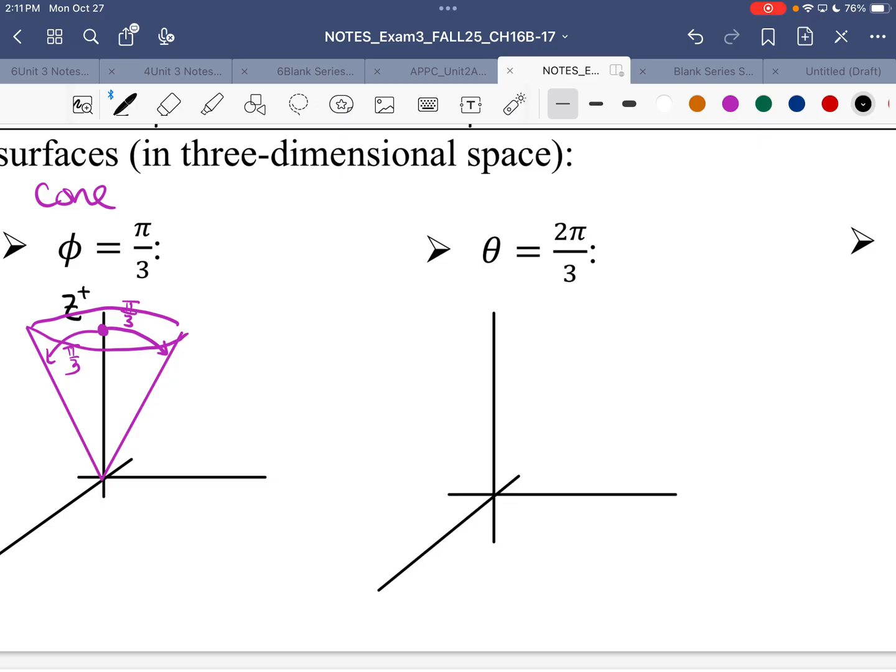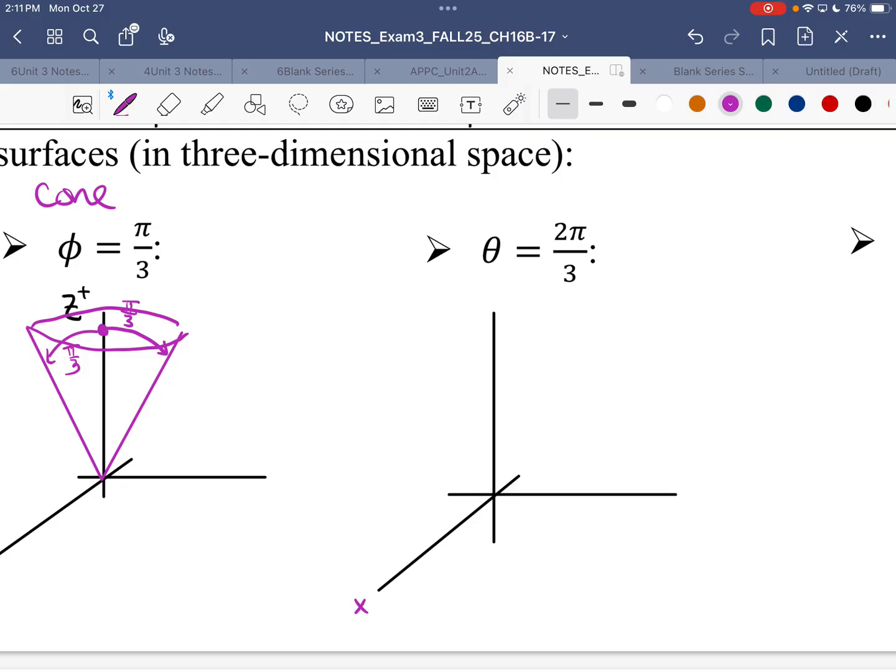Then this one, theta is 2 pi over 3. Where does theta start rotating from? It's the same place it's always rotated from since pre-calc.